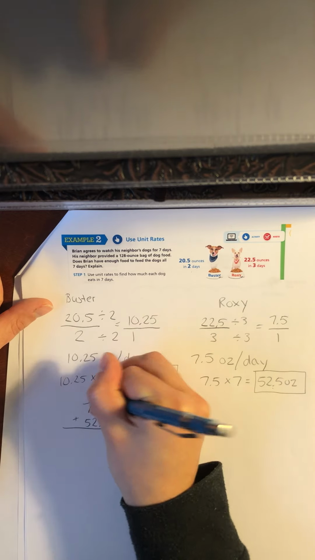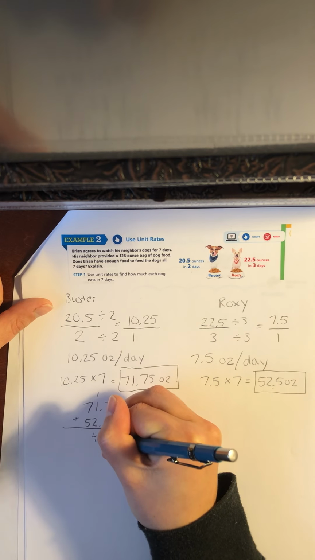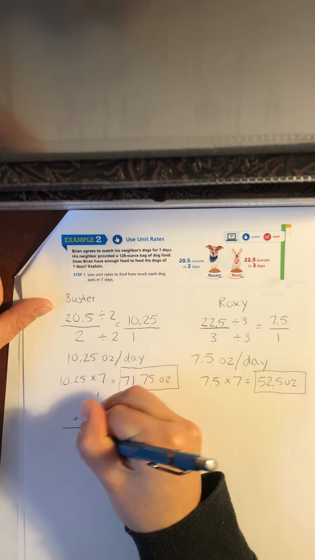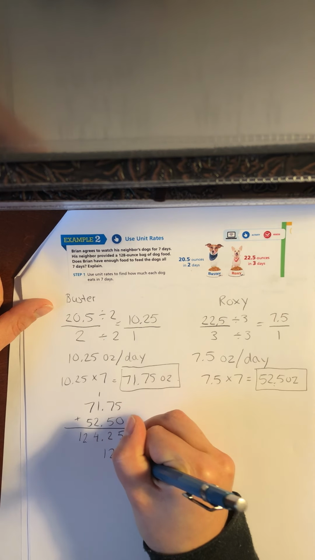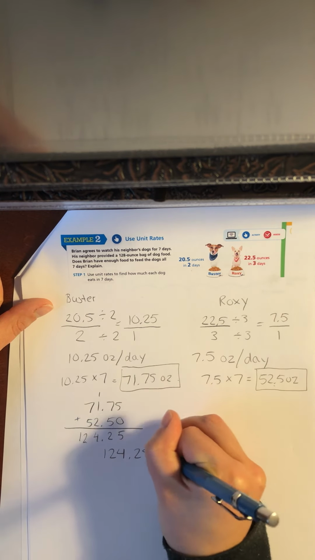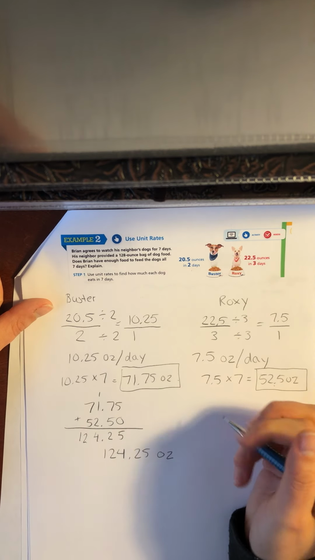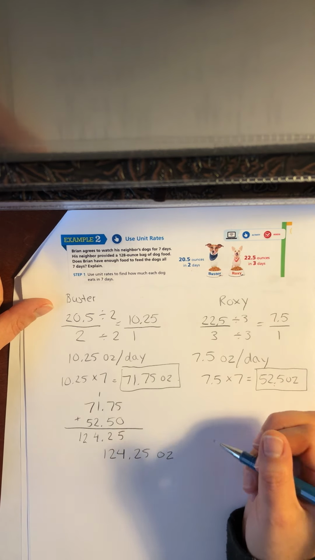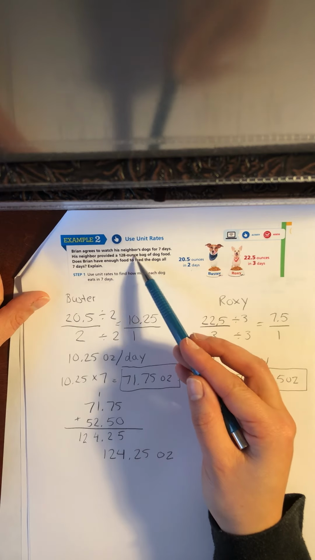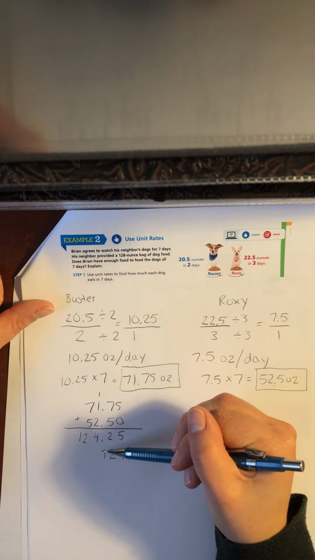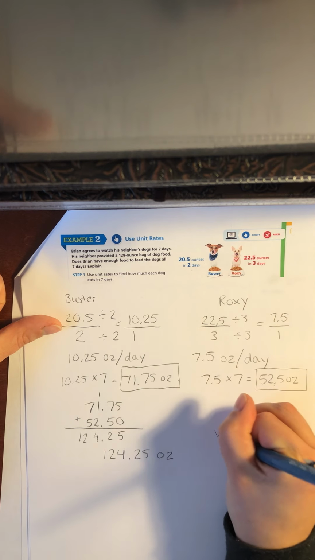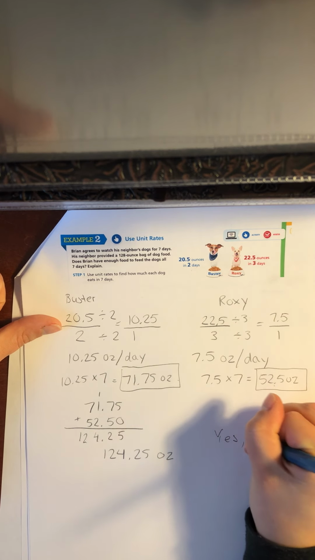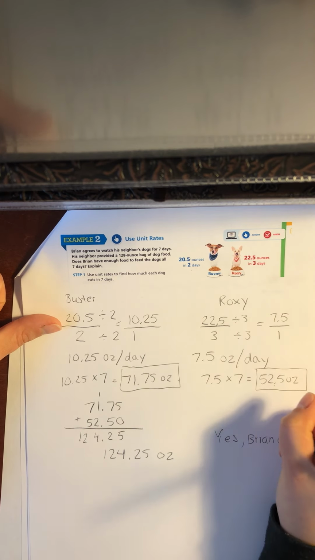Okay, so 124.25 ounces after 7 days. So if he has a 128-ounce bag of dog food and they're eating 124.25 ounces, yes, Brian does have enough food.